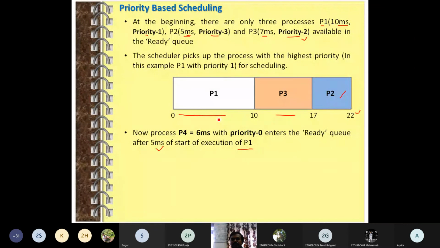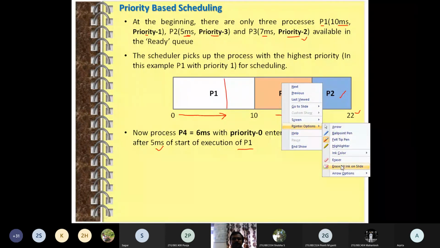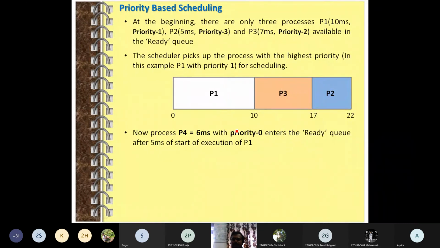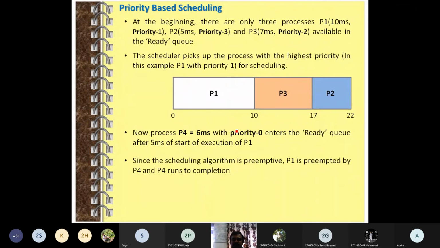When the new process P4 comes, P1 is going to be preempted, removed from execution. Since the scheduling algorithm is preemptive, it stops the process temporarily. So P1 is preempted by P4.